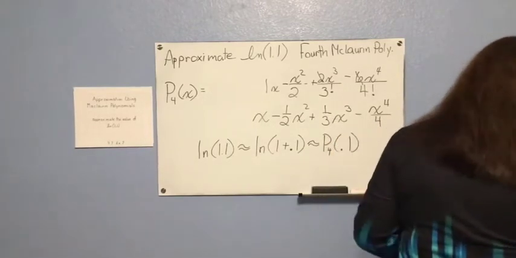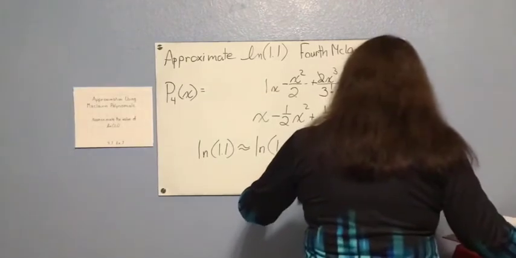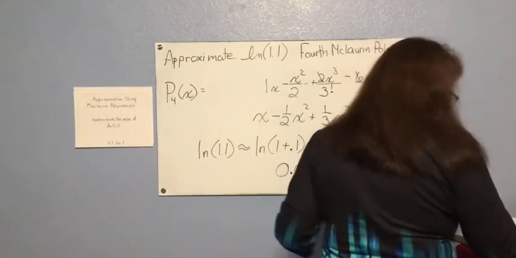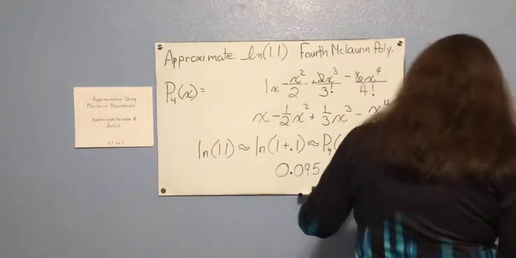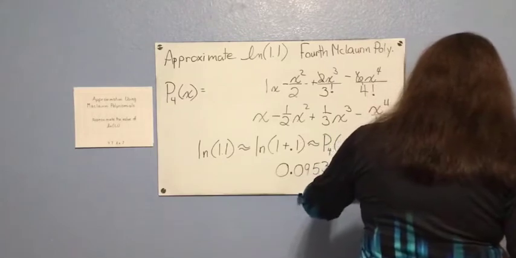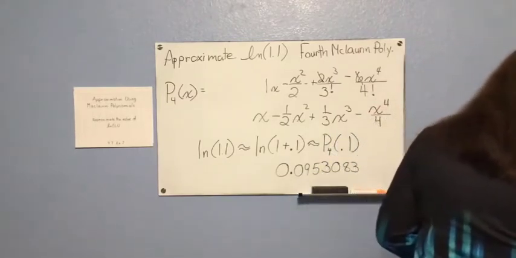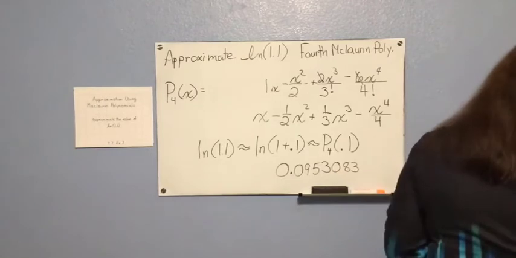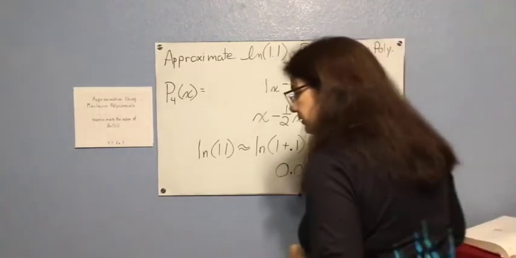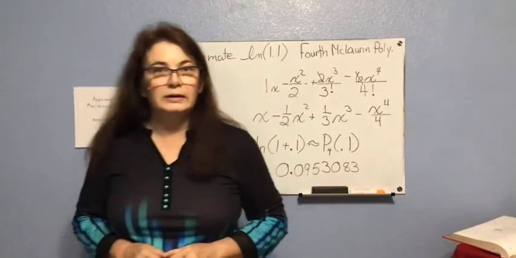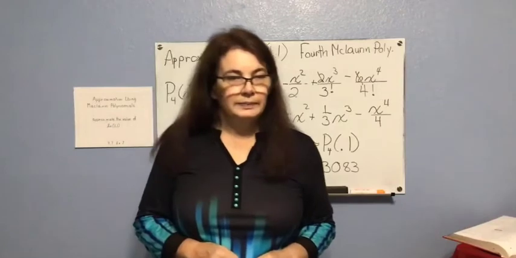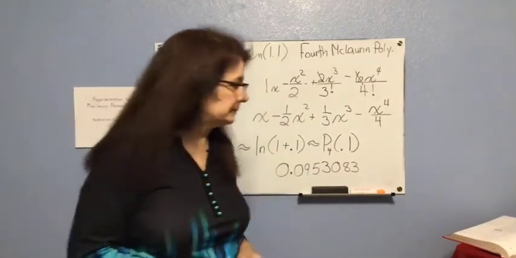And when I work this all out, I get 0.0953083. Okay, and you can compare this value to the value that you would get in your calculator when you just plug in natural log of 1.1 and see that it's very, very close.